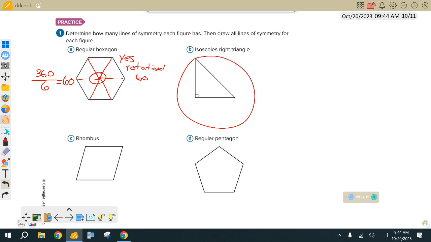Bring it all the way back around. The only thing the isosceles right triangle would have, as I heard somebody say, would be reflectional. Clearly that has reflectional, but it doesn't have rotational.